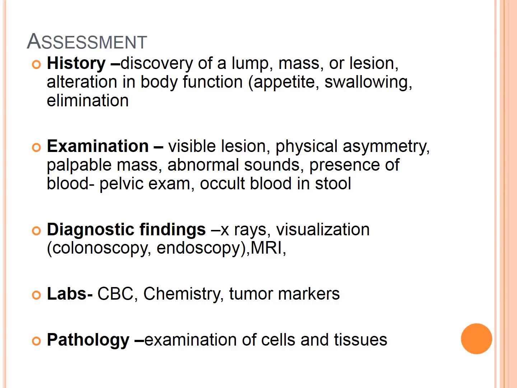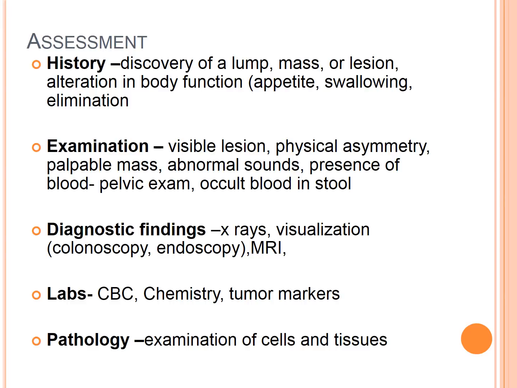So if they have decreased appetite, difficulty swallowing, trouble with elimination, trouble urinating, all these things can point you in the direction of, should we evaluate this person for some sort of mass that could be obstructing, for instance, swallowing. So if there's a mass in the chest wall that's pushing on the esophagus, they're going to have trouble swallowing. So that's why those two things go hand in hand.